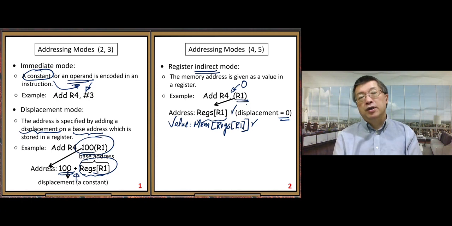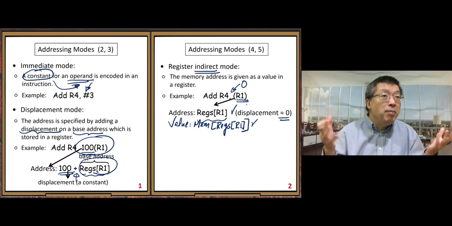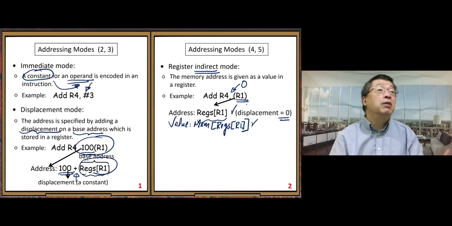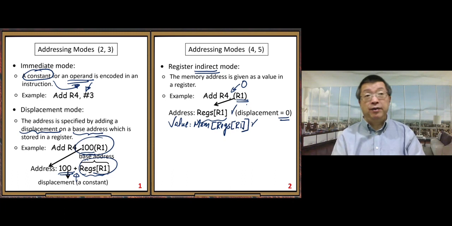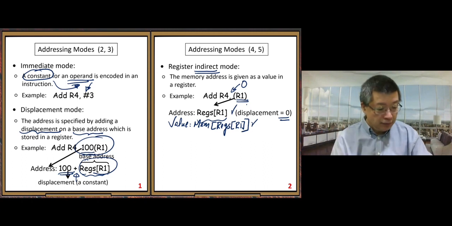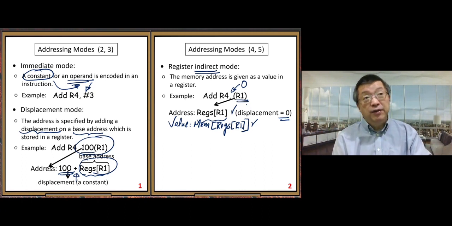So we do not really need an independent register indirect mode, because our displacement mode can cover the special case. Why create a completely new addressing mode? So that's why we say this addressing mode is less important.